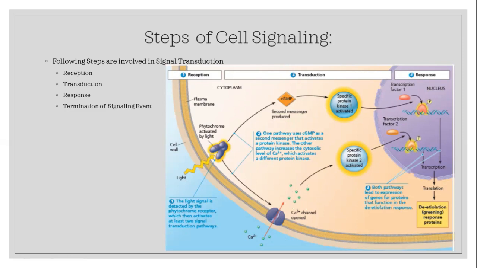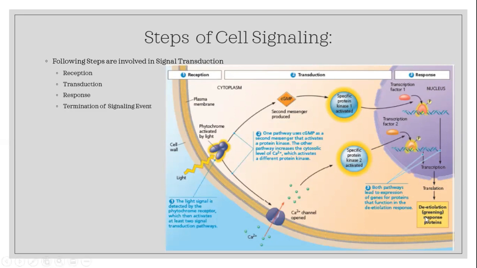They act as secondary messengers, and these cyclic GMP or calcium ions can activate certain kinases, and these kinases will ultimately go inside the nucleus and can activate certain transcription factors, and these transcription factors will ultimately control, either upregulate, downregulate, or completely stop the expression of certain genes. This is an example of de-etiolation, or greening of leaves. This is the example from that.